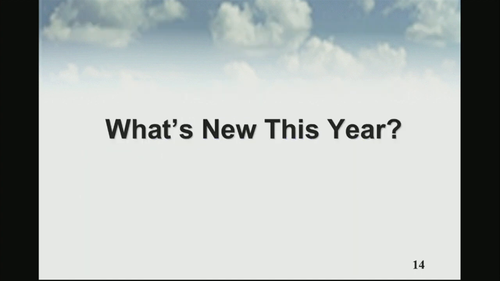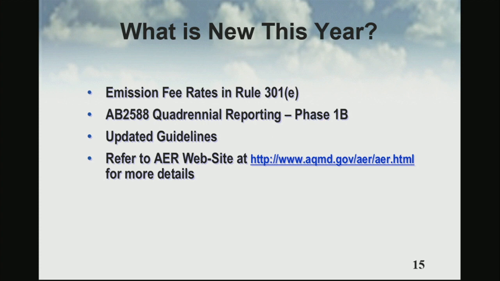What is new this year? Nothing has changed compared with last year, except the emission fee rate has been increased. For this reporting period, Phase 1B AB 2588 facilities are required to report their quadrennial update. We also updated several guidance documents, such as the emission estimation guidelines for dairies and poultries, and the emission estimation guideline for liquid organic storage tanks.